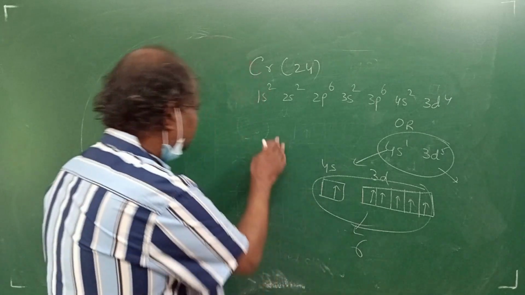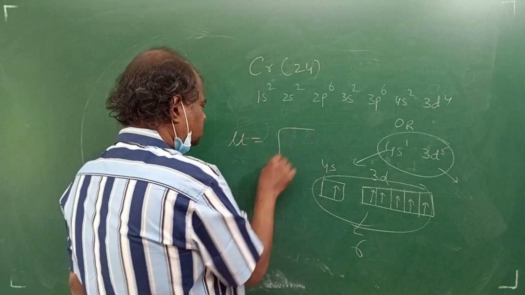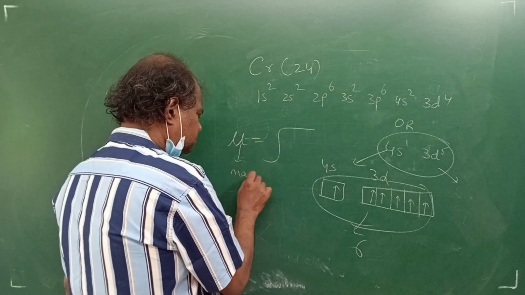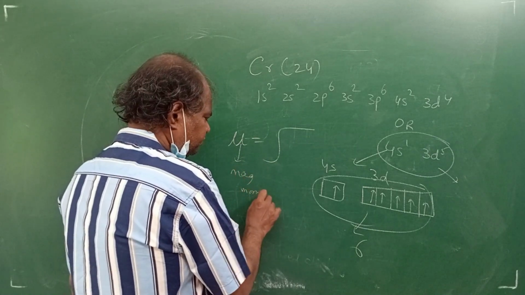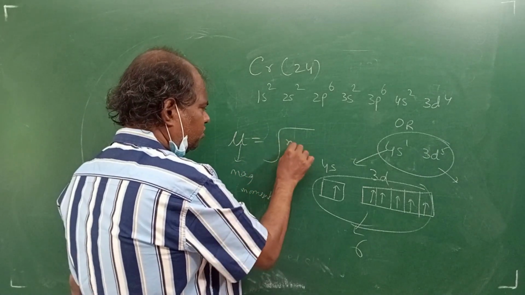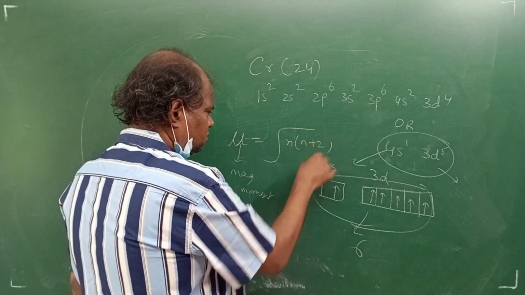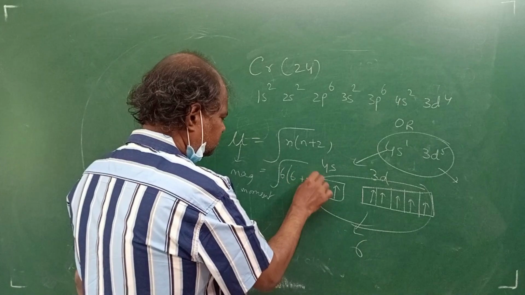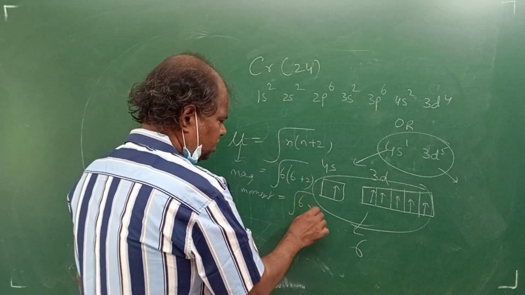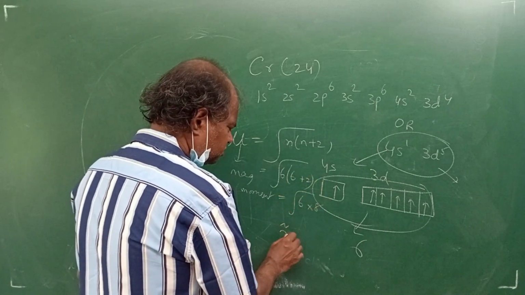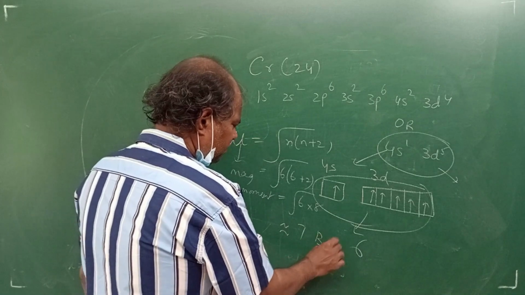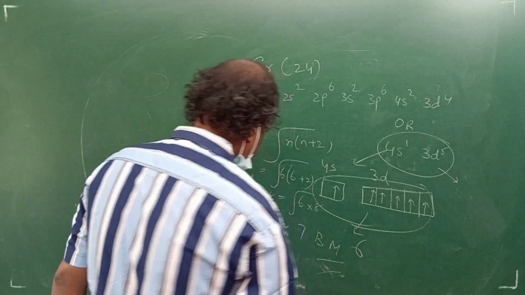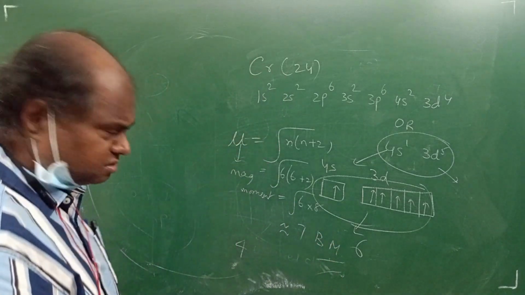So what will be the magnetic moment? Mu is equal to, this is the symbol for magnetic moment, root of n into n plus 2. Instead of n, you put 6. 6 into 6 plus 2. How much is that? 6 into 8, 48. 48 means approximately you will get 7 Bohr magneton, BM, right? Clear?